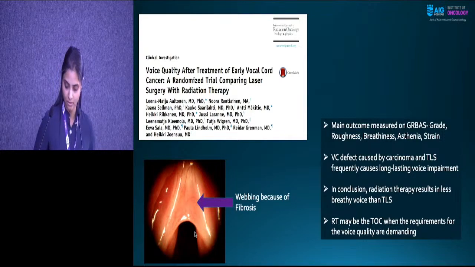So the key takeaways in this particular case are that we just have to look at the oncological outcomes. There is no difference in oncological outcomes, be it laser or radiotherapy. But the key point here is the voice quality. The voice quality is definitely better with radiation, like we discussed. Because of the webbing, there will be a loss of pliability of the vocal cord movement, and it will impede the voice quality.